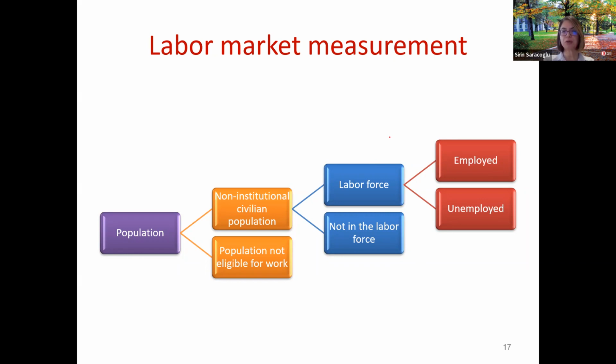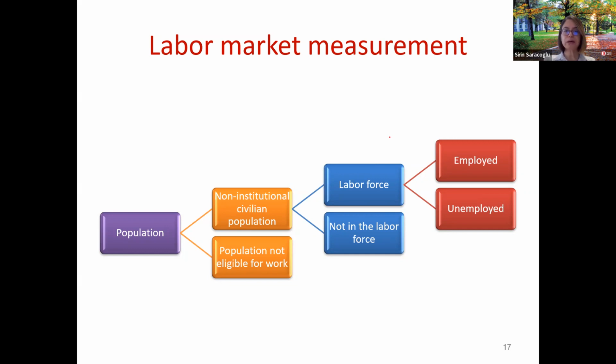That's something else. This is only the population which is in the military for mandatory service. On the other hand, there is also the population who is not eligible for work, which would be the children below the age of 15, and people who are in mental hospitals, or again people in mandatory military service.